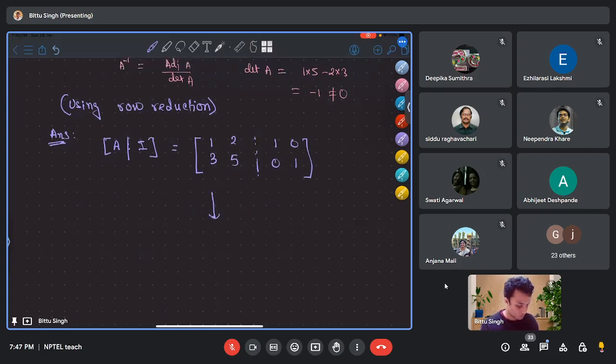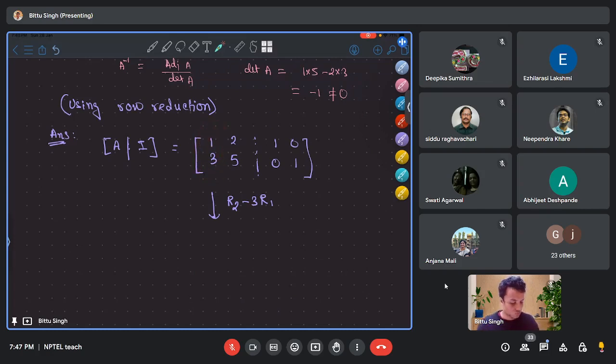Okay. So what is the first step of the reduction? Someone? Simply R2 minus 3 R1. Why? Because we want to cancel these 3. Leading entry is 1, so any other thing in this column should be 0.